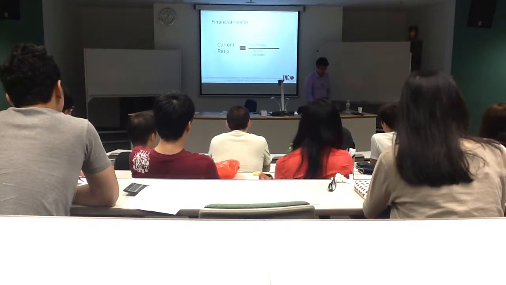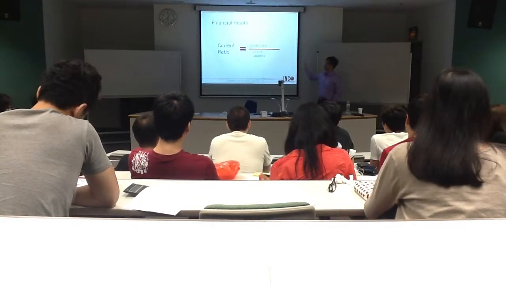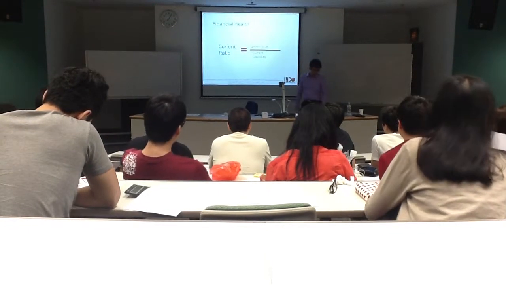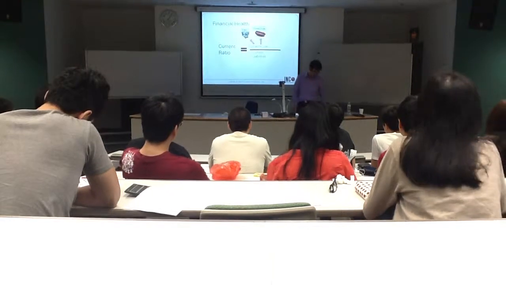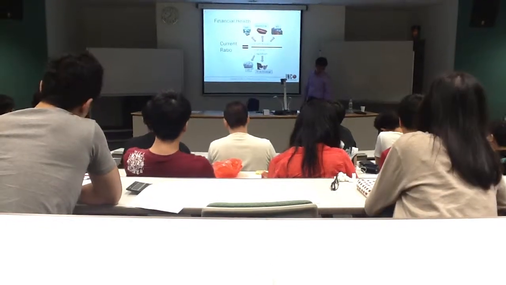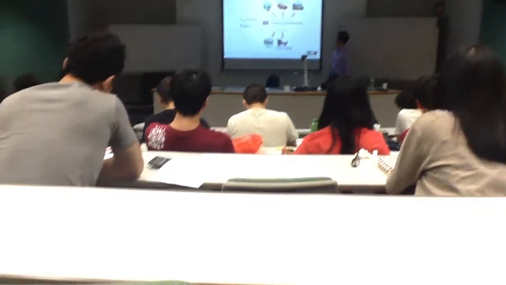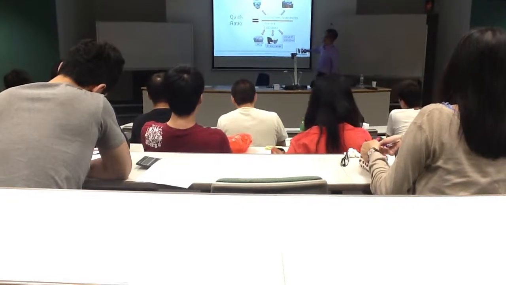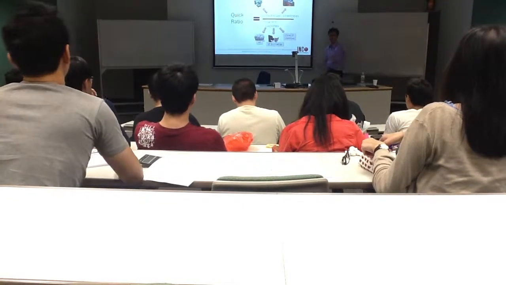Okay, financial health. I think everyone knows, we start from the balance sheet: current ratio, calculating cash, inventories, accounts receivable, accounts payable, short-term borrowing. Okay, and of course, I think everyone knows about the acid test, the quick ratio, where we basically take out inventory.